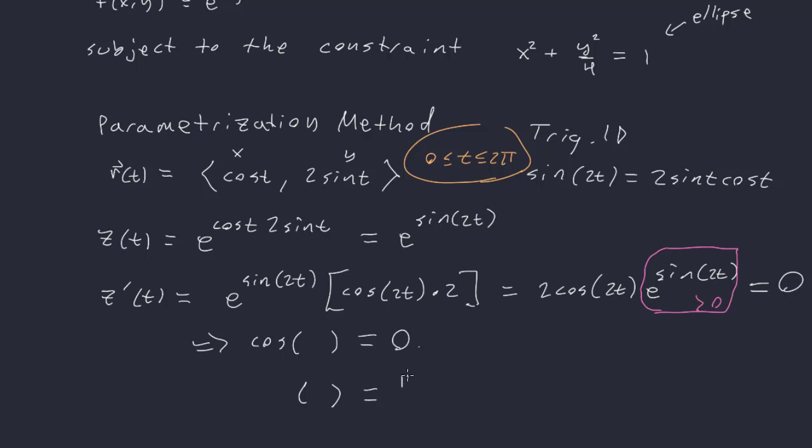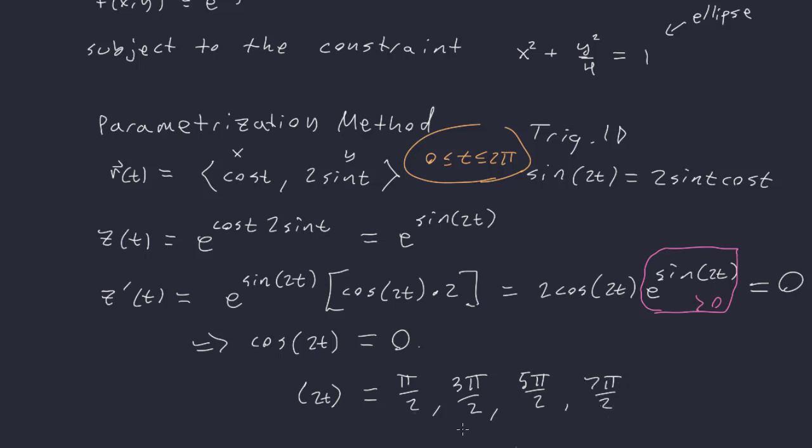Well, that's going to be pi over 2 and 3 pi over 2. But we don't have just cosine, we have cosine of 2t. So I'm going to take this out a little further. The next ones up would be 5 pi over 2 and 7 pi over 2.